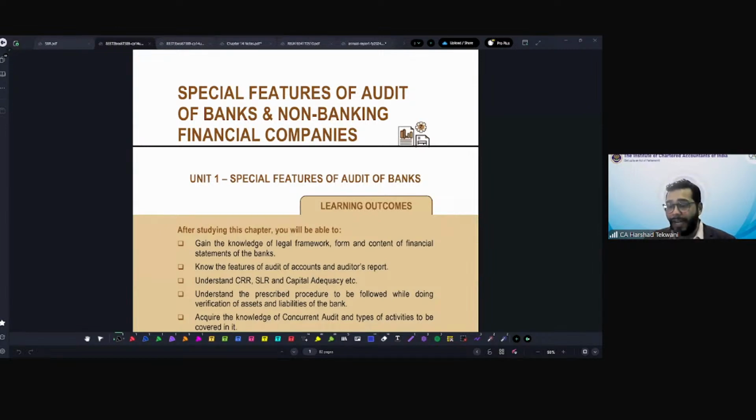When it comes to the audit of a bank, IT infrastructure is a very critical part. There are RBI directions and regulations that a bank has to comply with when it comes to IT infrastructure. Even the auditors are required to report on matters with respect to IT infrastructure.